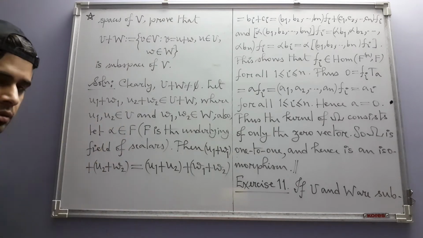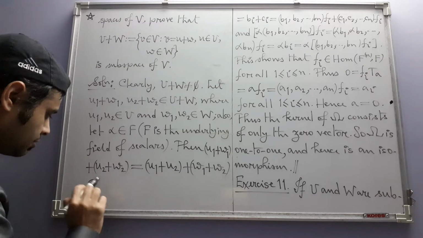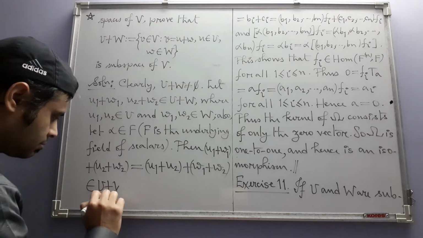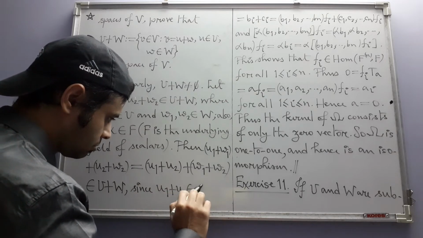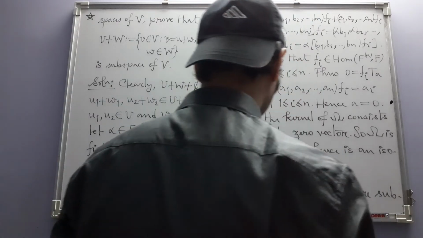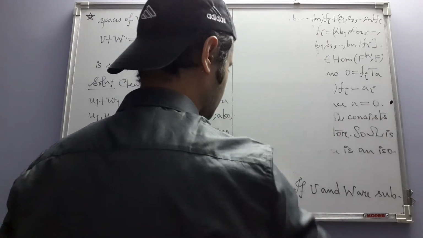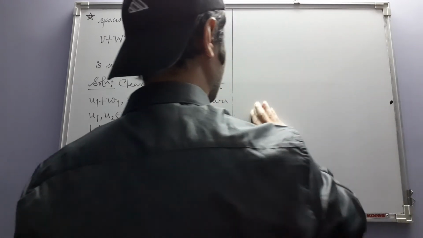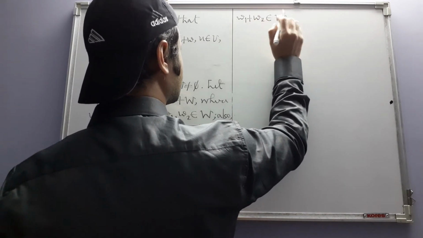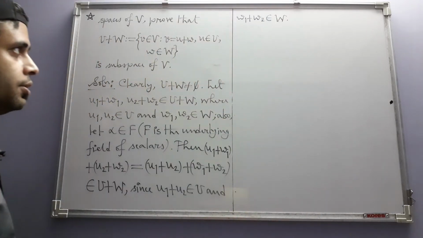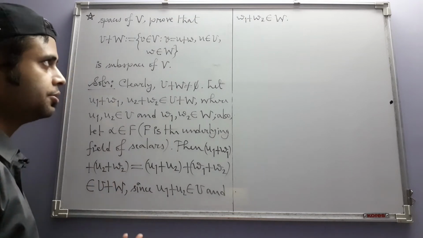Now, because u1 and u2 are in U and capital U is a subspace, their sum is in U, just like that w1 plus w2 is in capital W. So this sum belongs to U plus W. Okay, so that means the sum of our two chosen vectors from U plus W is again in U plus W.